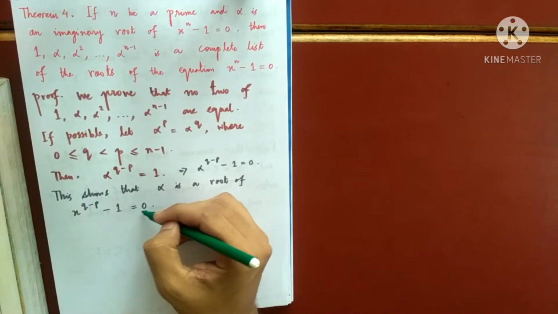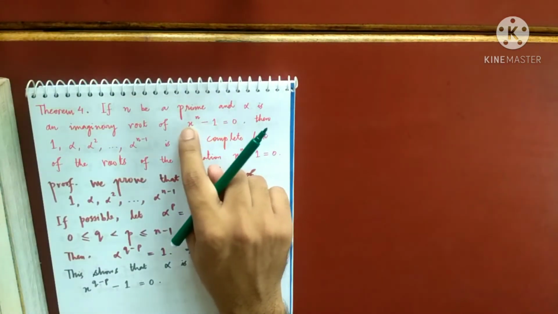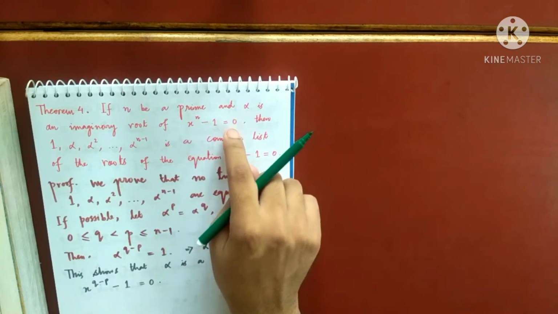Now, alpha is a root of this equation and alpha is also a root of this equation. So try to understand my point.